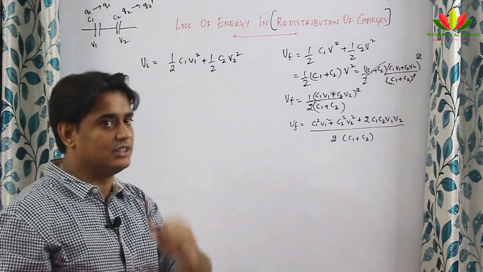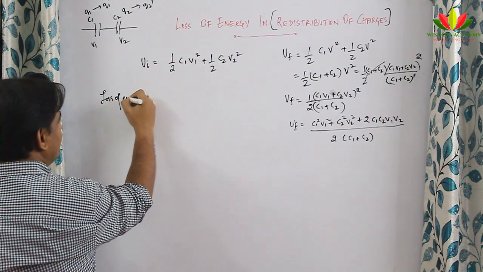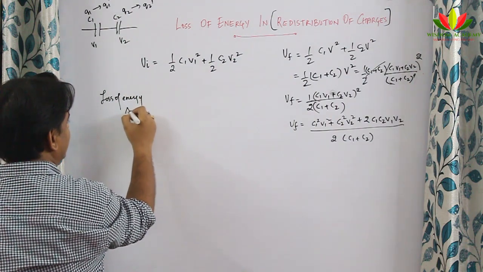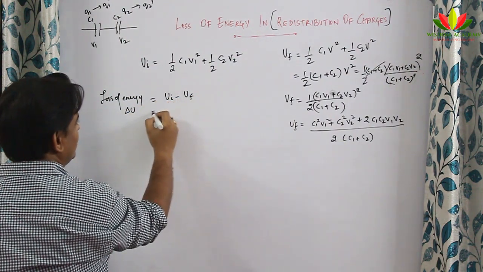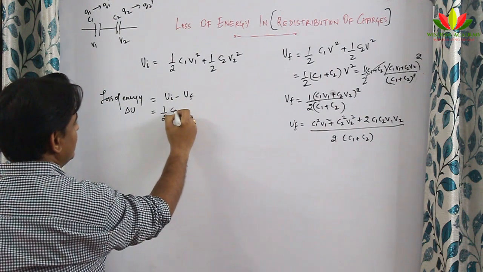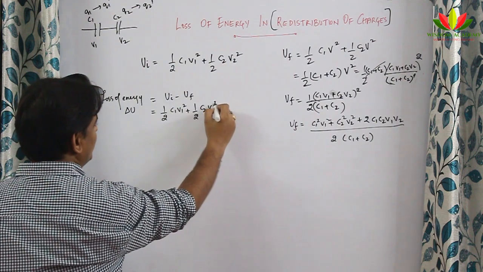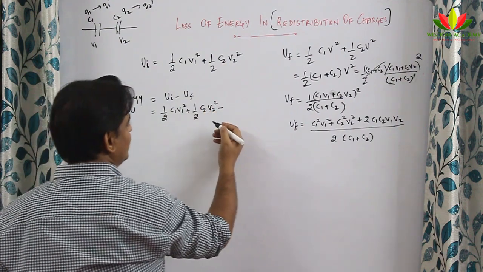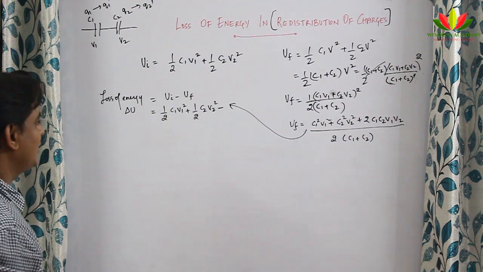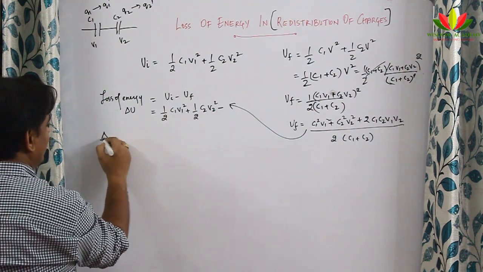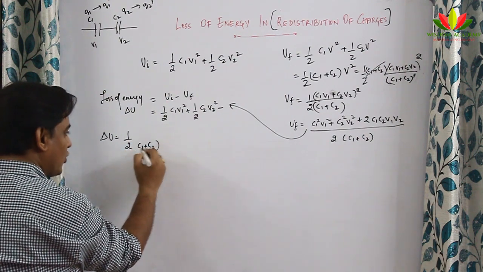I will find the loss in energy. So, loss of energy, that is delta U, that will be equal to U initial minus U final. What is U initial? Half C1 V1 square plus half C2 V2 square. I will subtract this term from there. This term will come here. Then what I will do? I will take something common. I will try to take half C1 plus C2 as common.